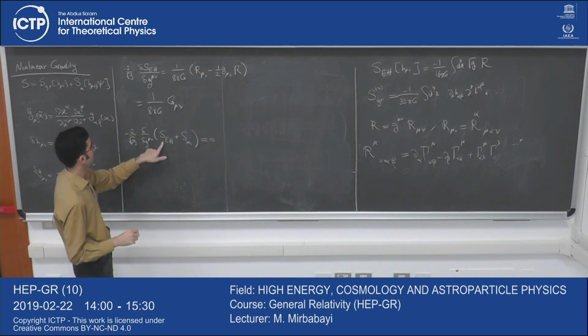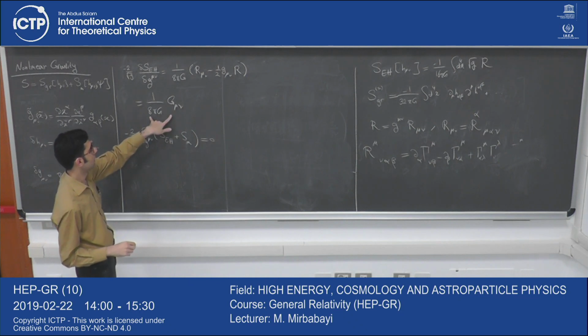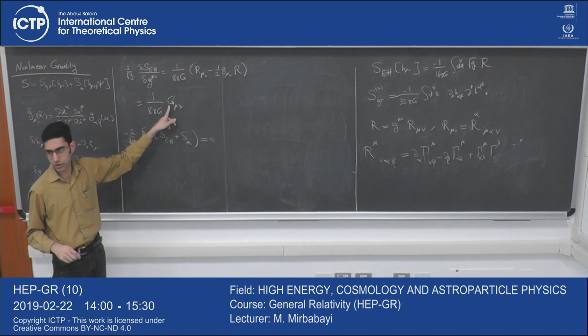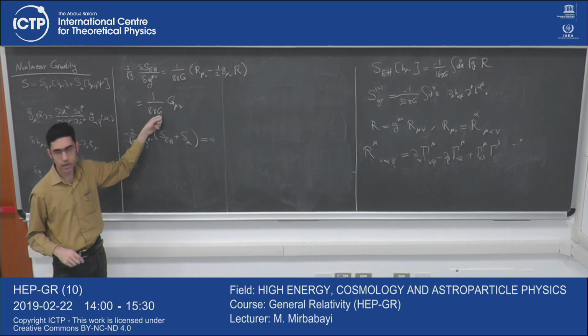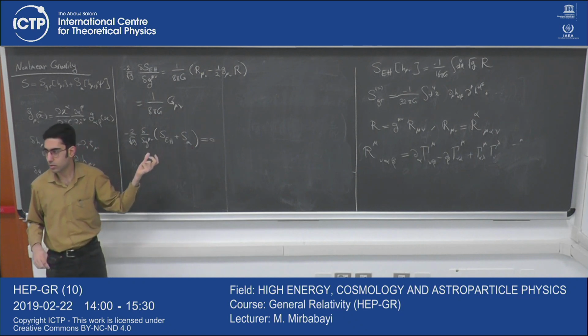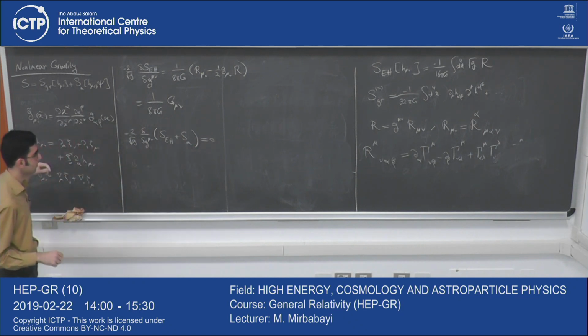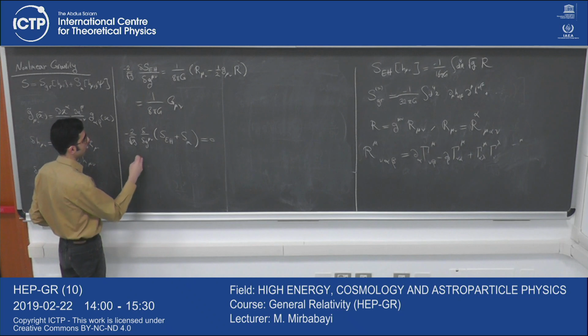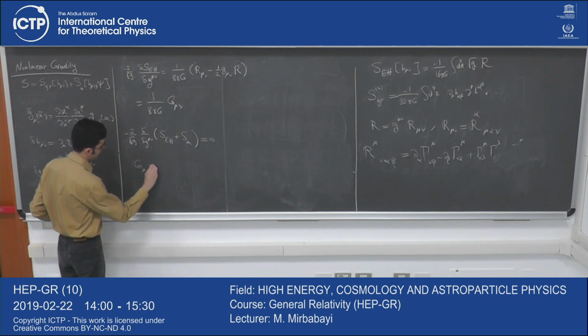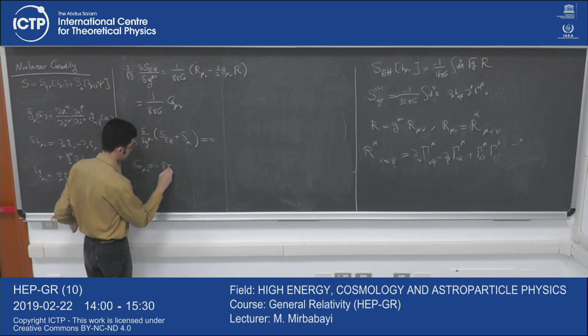So from the Einstein-Hilbert part, we get the Einstein tensor, this big G mu nu divided by 8 pi G. And from the matter action, we get T mu nu. So if I just move the terms to the other side of the equation, I get the Einstein equation, G mu nu equals 8 pi G times T mu nu.